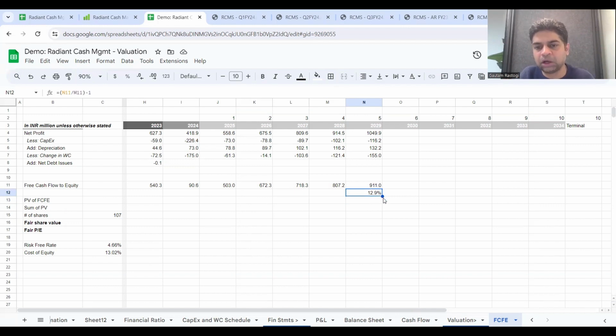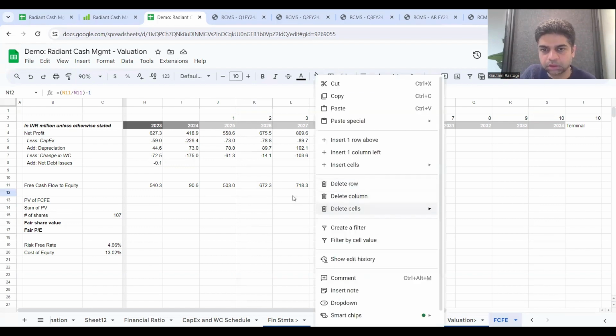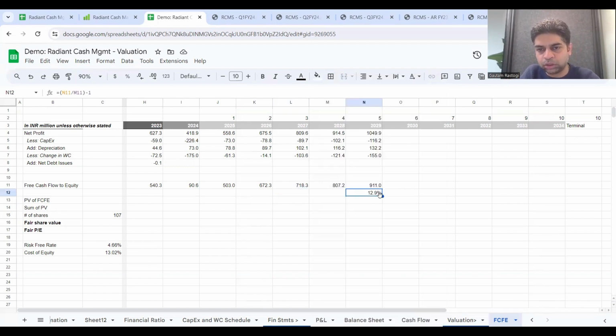So what I have done right now is calculate the growth rate of free cash. If you see, growth rates of 33%, 7%, 12%, 12%, so I will assume that next year it's 10%, then 9%. This is an assumption; you can change it if you want to.